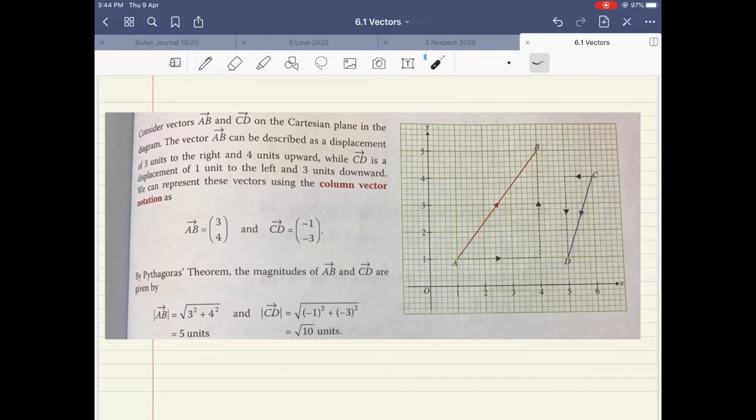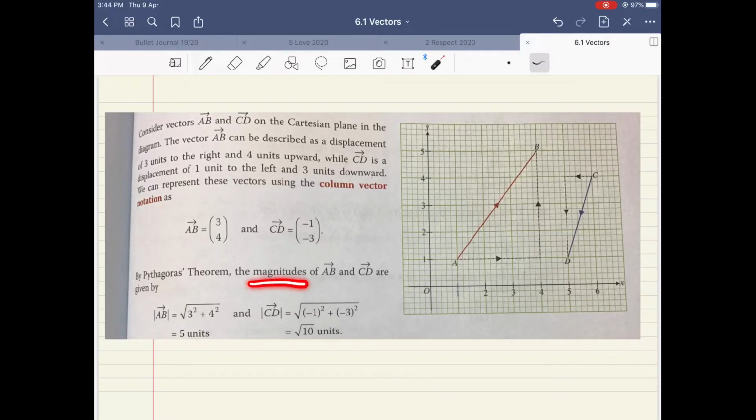Similarly, CD can be represented as -1 and -3. So -1 is moving towards the left on the horizontal plane, and -3 is moving downwards by 3 units on the vertical plane. So if this is the starting point and this is the ending point, the vector CD is represented as a column vector like this: -1 and -3.